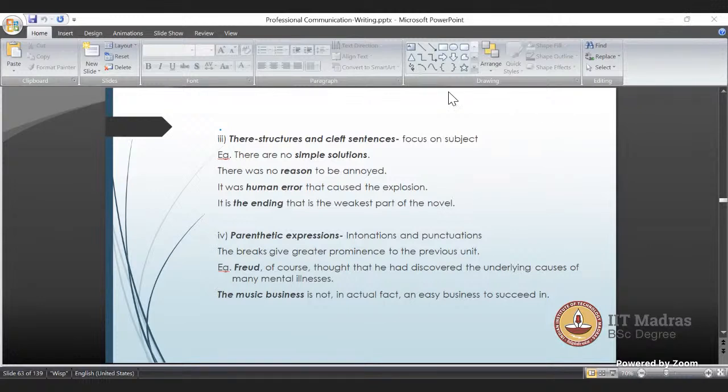And same is the case with the sentence with it. It was human error that caused the explosion. Even in that statement, the word it does not have any meaning. Okay, that has simply been added for two reasons. One was to give emphasis on the subject. Second was to fulfill the requirement of the subject. We know in English we cannot have a sentence without a subject, right?